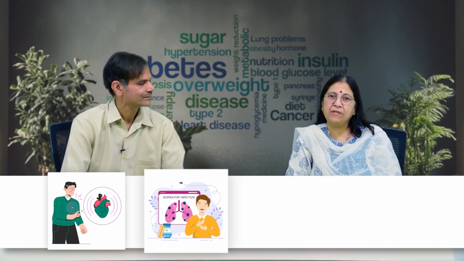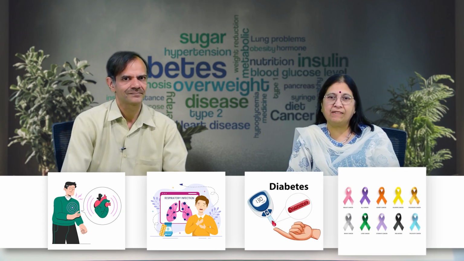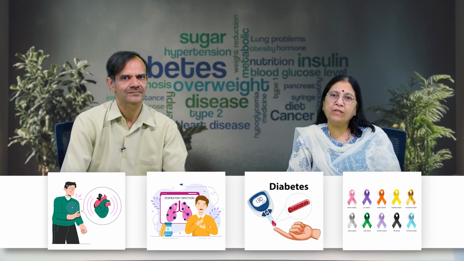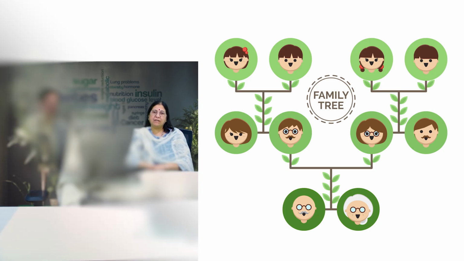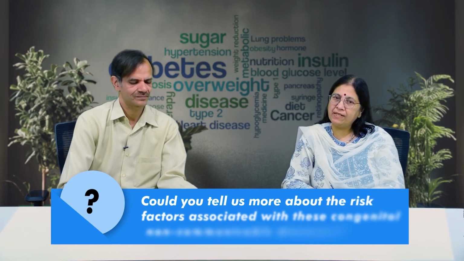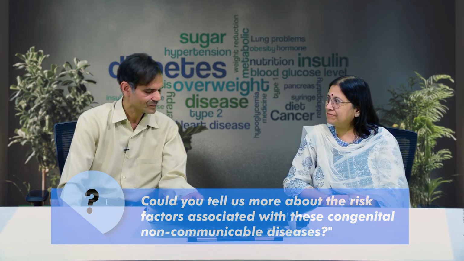So, just to recapitulate to our learners, we have already learned in our previous sessions that heart diseases, respiratory diseases, diabetes, and cancers are some of the common non-communicable diseases. Although most of these diseases do have some hereditary factors, there are some diseases which are present since birth and are non-communicable. What would you like to tell us more about these risk factors?